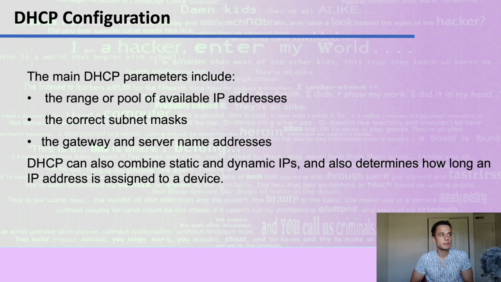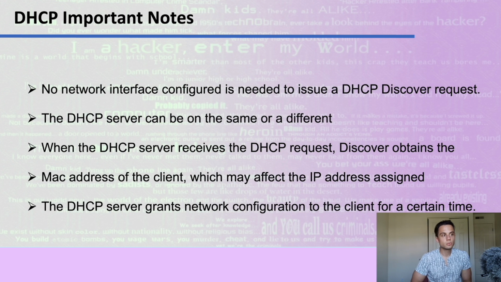It reaches the DHCP server, and once the negotiation is established, we end up with an IP address assigned to the device from the pool. It is very important to understand that in order to obtain DHCP, we do not require any network interface configured. Also, the DHCP server should be on at the same time or a different time from the client.